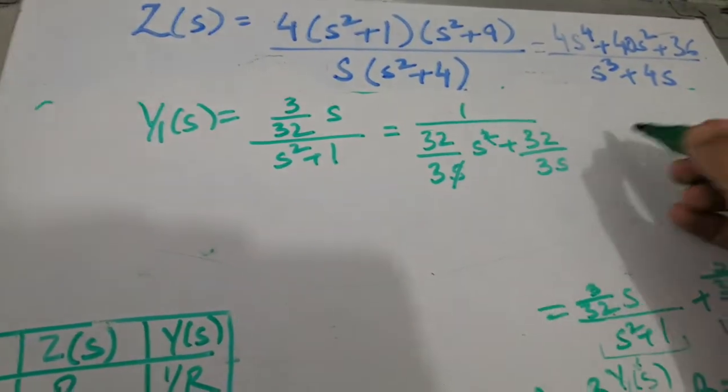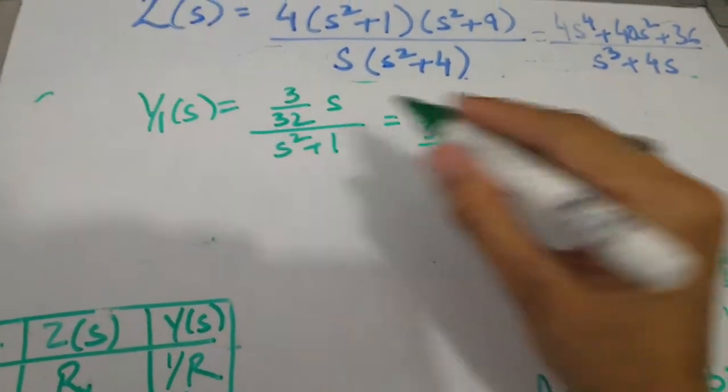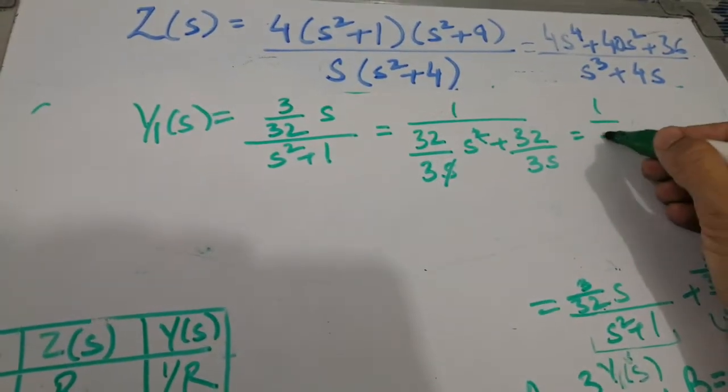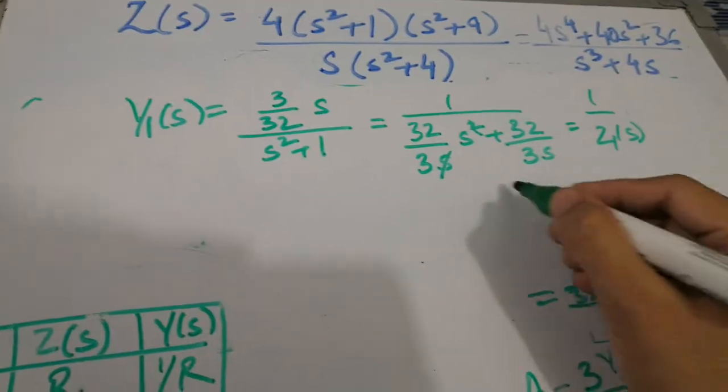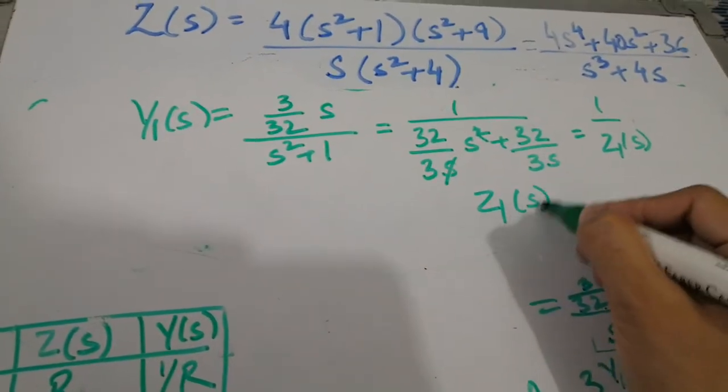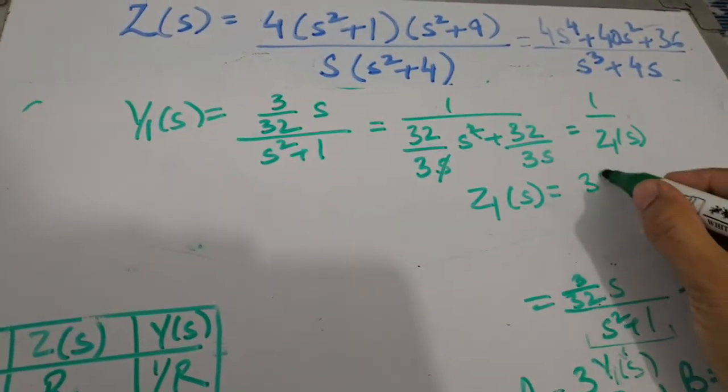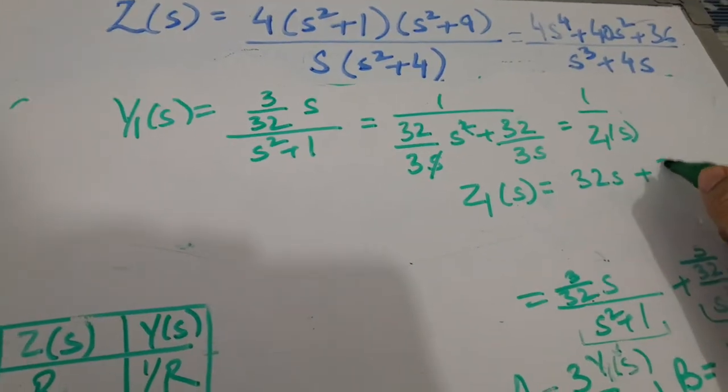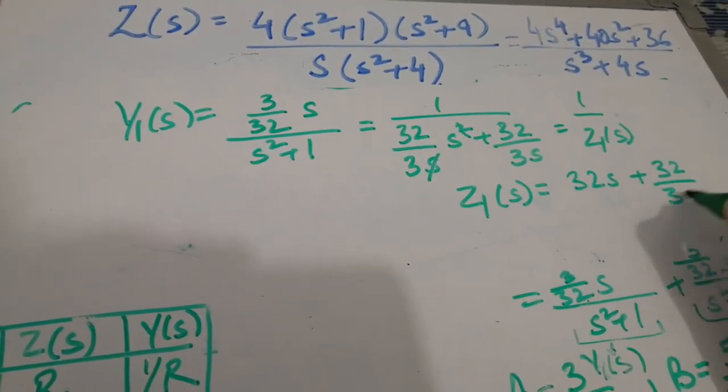This gets cancelled out and your y1 is equal to 1 upon z1s. That gives me the value of z1s as 32s plus 32 by 3s.